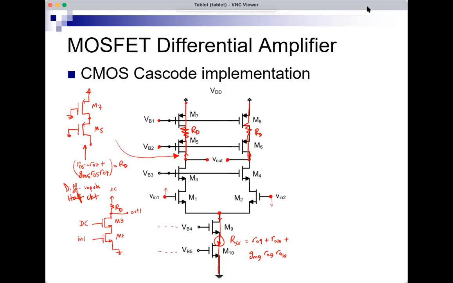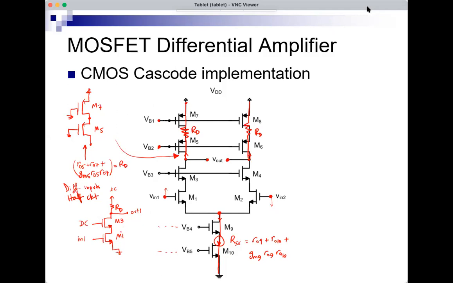So in this case, the half circuit is not a common source amplifier. If I did not have M3, it would have been a common source amplifier. If it's just M1 and RD, yeah, that's a simple common source amplifier. Now I have M3 in between. But that's something we've seen.